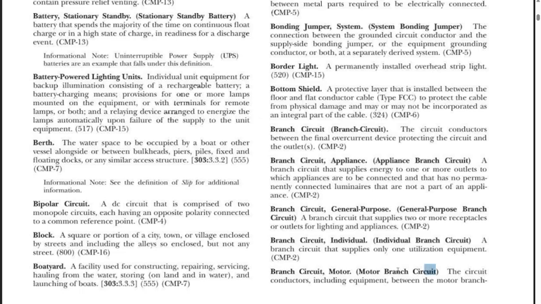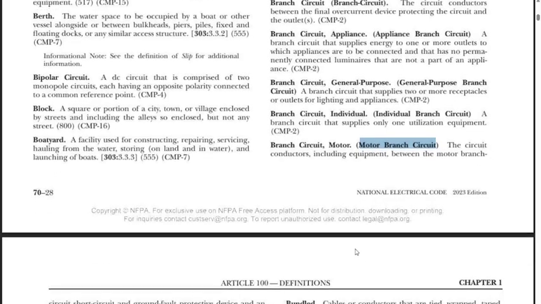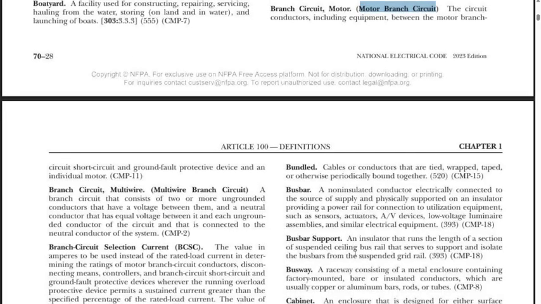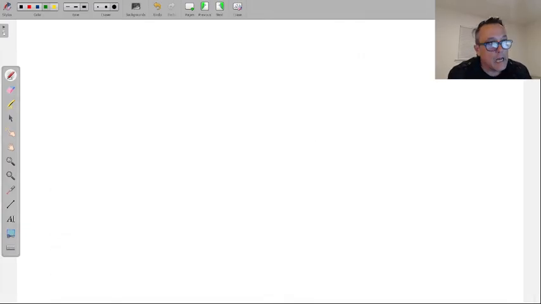The next one is motor branch circuits, and these, as it says here, are the conductors or wires including equipment between the overcurrent protection device and the motor itself. The thing that protects the motor from short circuits or ground faults to an individual motor. Obviously, a lot of these aren't in some panels, like maybe there are no motors inside of a residential panel.